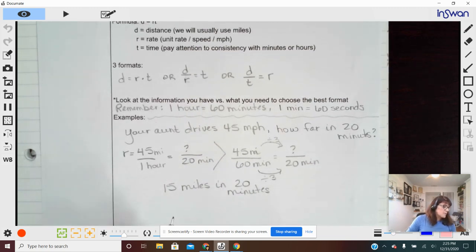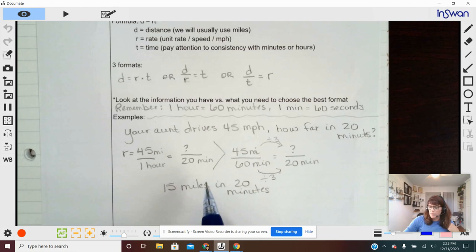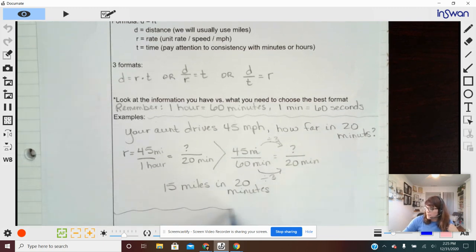Okay. Now you could also figure out that that's 1/3 of an hour, but we don't do thirds of hours very often. So this is the more common and more useful method.